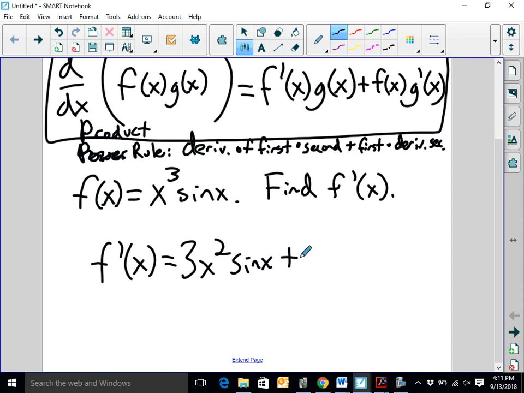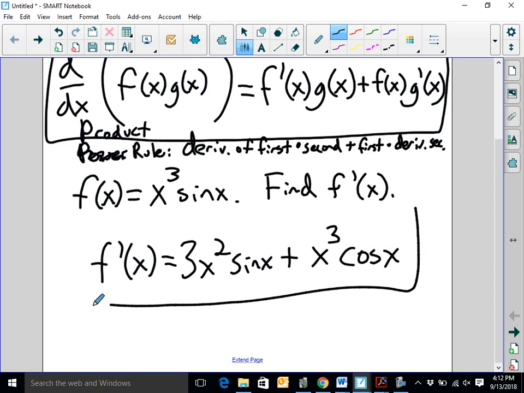Now we have to add to that the first function, not the derivative of the first, but the first function, which is just x cubed. And we need to multiply that by the derivative of the second. So we have to do the derivative of sine x. The derivative of sine x is cosine x. And I have completed my first product rule derivative. So again, derivative of the first times the second plus the first times the derivative of the second.